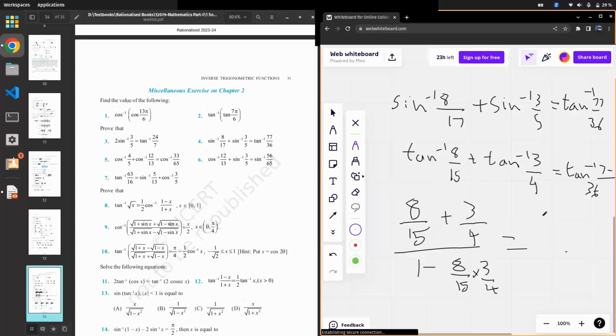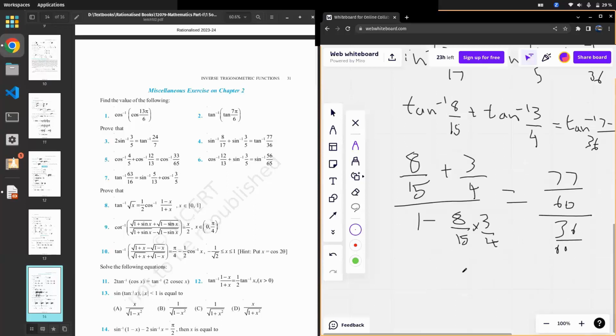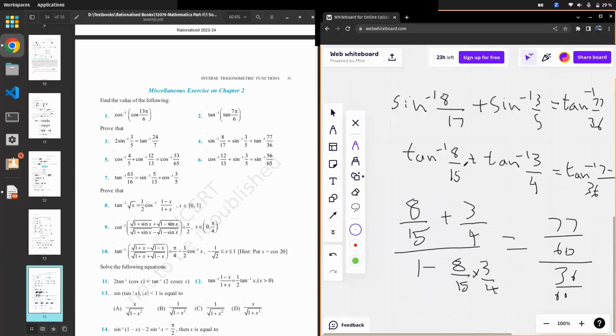This will be (32 plus 45) by 60 divided by (60 minus 24) by 60, which is 36 by 60. So this is equal to 77 by 36, which is equal to the right hand side. So hence left hand side is equal to right hand side. It is proven that tan inverse of 8 by 15 plus tan inverse of 3 by 4 is equal to tan inverse of 77 by 36.